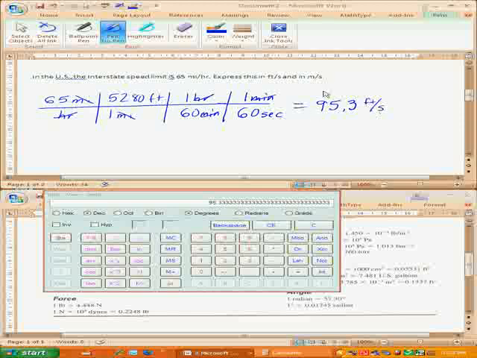You can do the same thing to get into meters per second. You can either do a direct relationship from here, or we can go straight from here. I'm going to choose to go from 95.3 feet per second. I need to change the feet to meters to get the second part of my answer here.